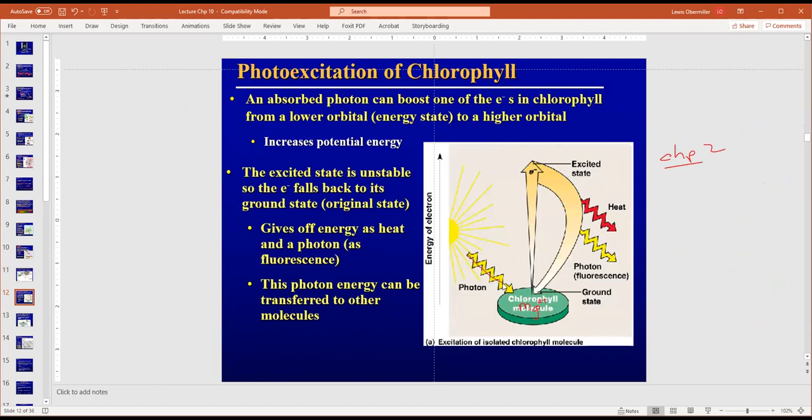When light energy hits the chlorophyll molecule, and remember this is chlorophyll A, the electrons get excited and they go to a higher energy level, and the more energy we put in them, the further away they go from the nucleus, and we know that electrons that are moving are called electricity. So we're generating electricity. Now, if we don't put enough energy in, they'll fall back down and they'll give off more light and more heat. But that's not the goal.